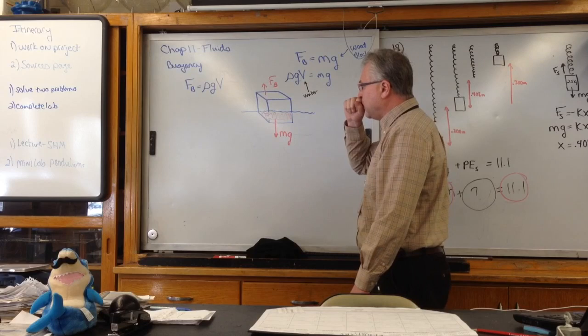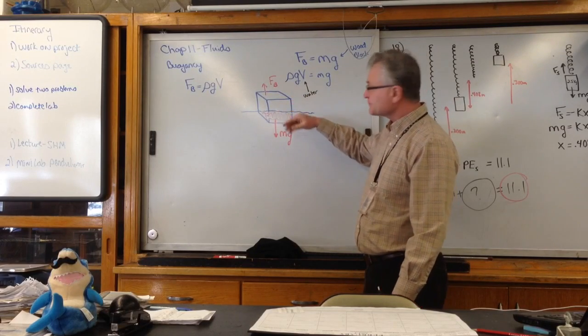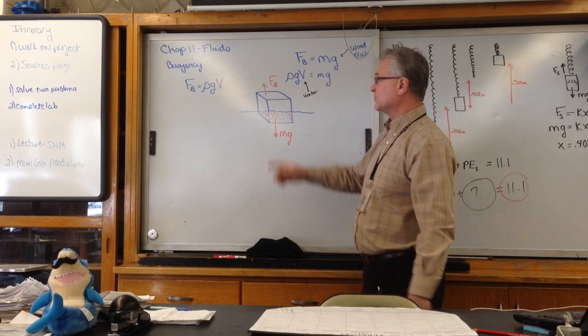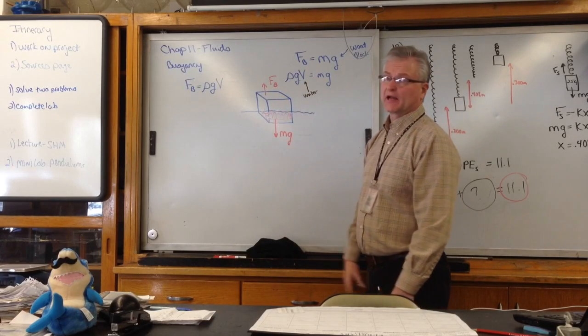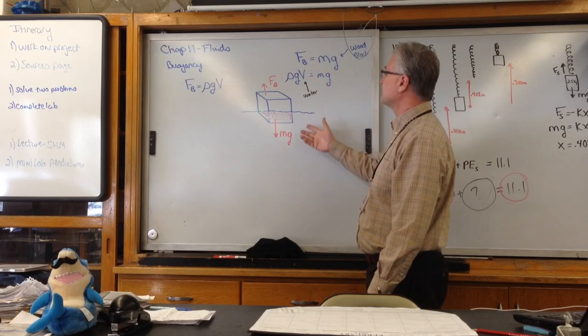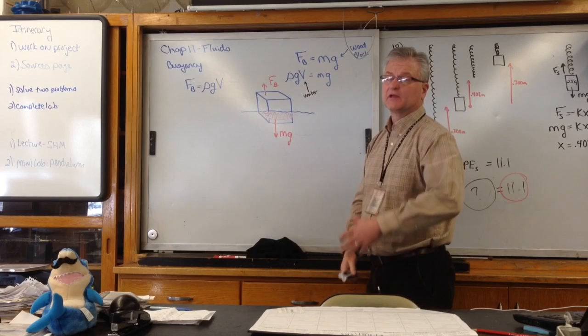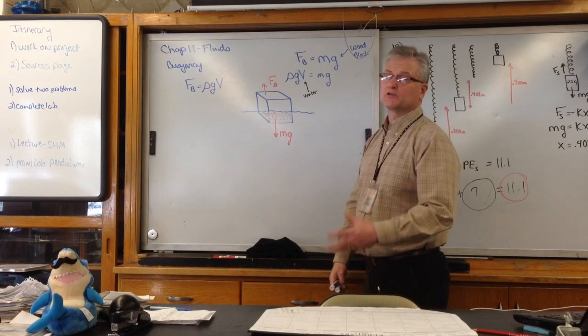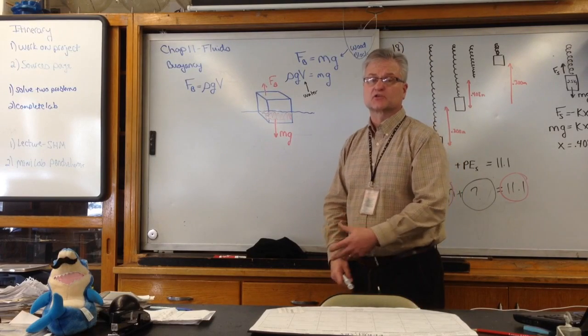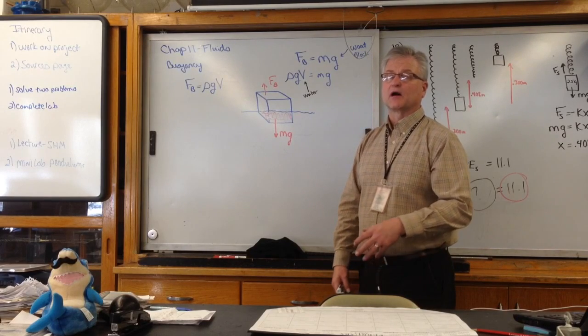So if I use my hand and I push it down a little bit, it's going to pop back up again. And it's going to pop up and reach an equilibrium when these two things are actually equal to each other. So knowing this, can we now figure out how high or what percentage of the block itself is out of the water? And we're going to do that in the lab, actually at school. So we're going to look forward to doing this experiment when we get back.